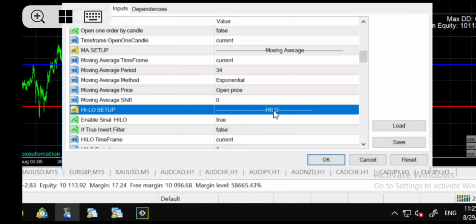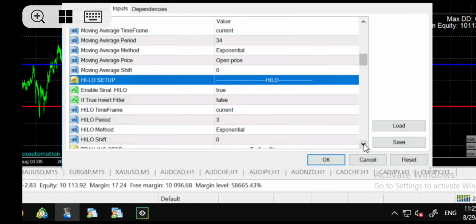That is, if the low of the previous candle is broken, it is signaling that price is going in a bearish direction. So the EA will open a position in that direction as well. So that is the setting for the high low.